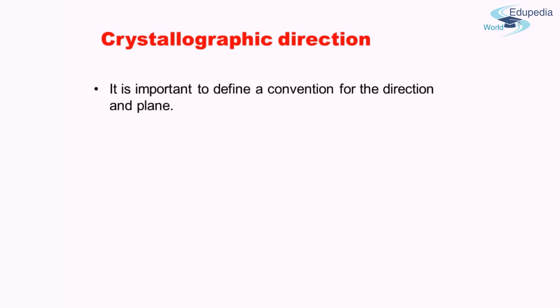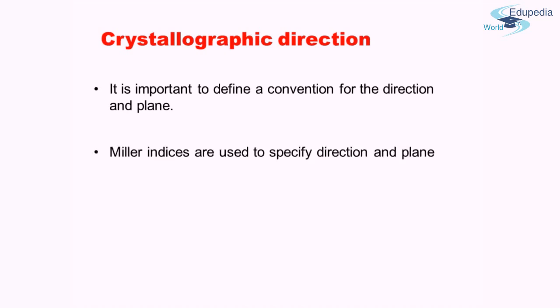That is, everyone who studies material science or metallurgy should use a unique set of ideas to represent a particular direction. There should not be any confusion. Therefore, a convention needs to be established. The convention that is used is known as Miller indices, and this is used to define a specific direction and a specific plane.